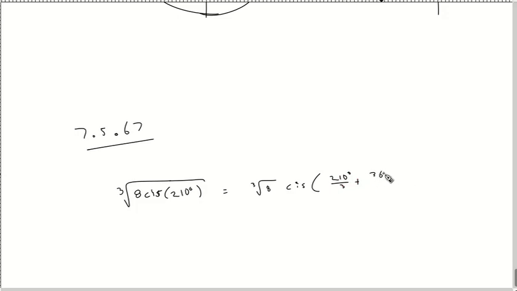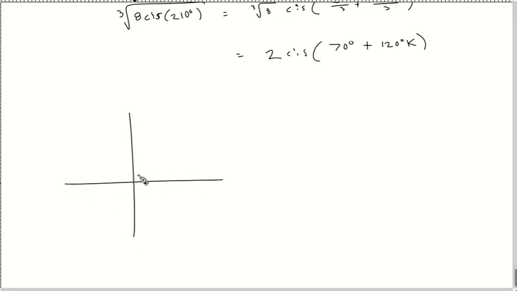Isn't it going to be 360k over 3, right? 360 over 3. Well, what's 360 over 3 is 120. And so what you're going to do is, the cube root of 8 is a 2. You're going to start at 210 divided by 3 is 70. You'll start at 70, and you'll just keep adding 120 degrees each time, okay? So that's kind of your formula.